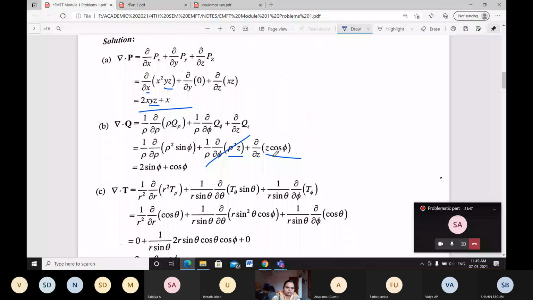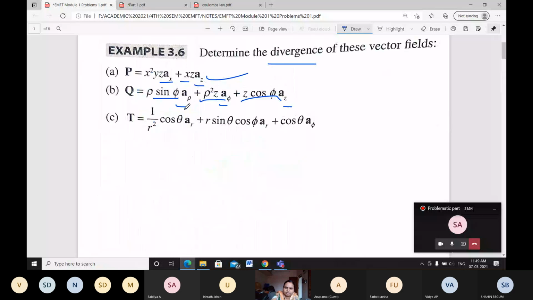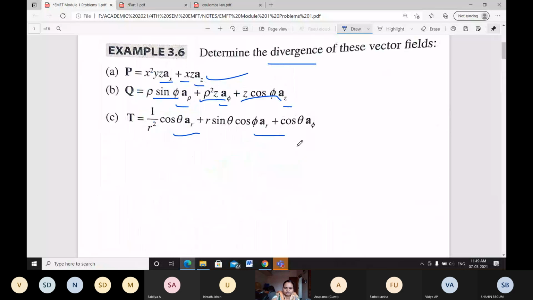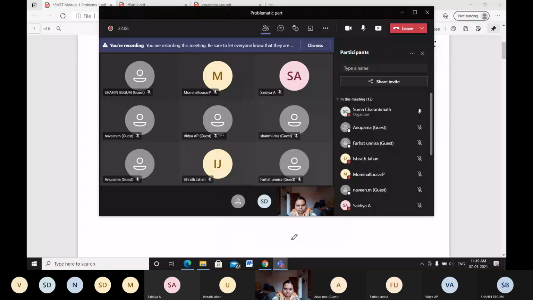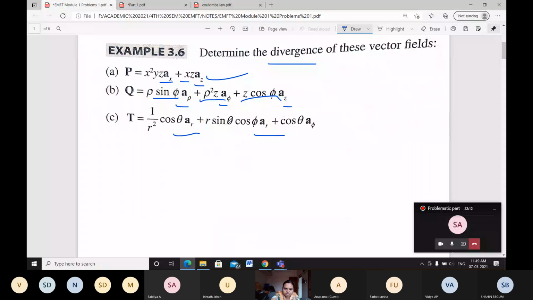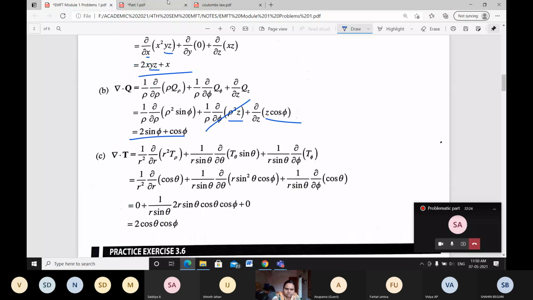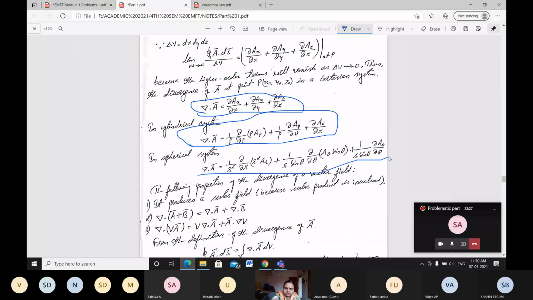Then for the third question, it is in terms of the spherical coordinate system. This is A r, this is of theta actually, there is a printing mistake, then it is A phi. Use this equation.